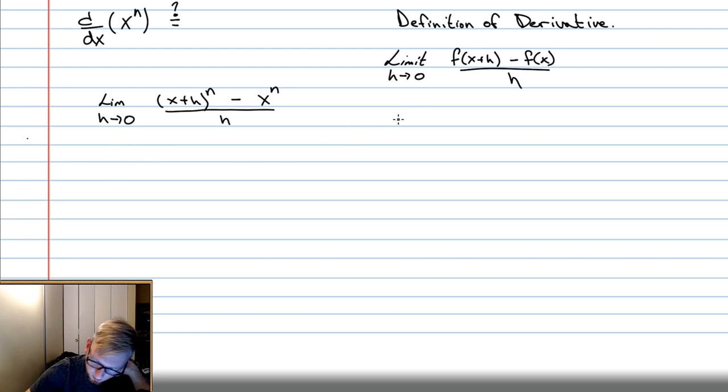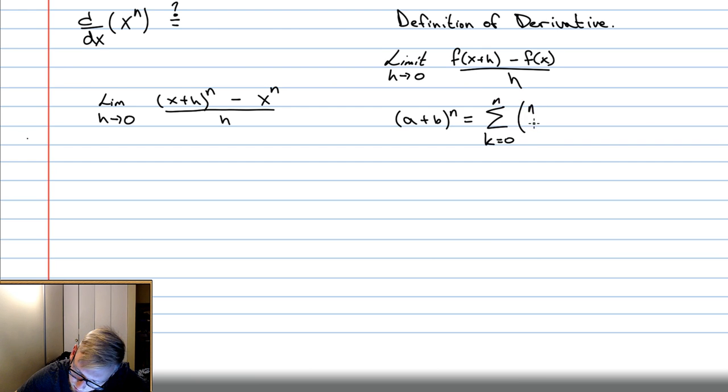Okay. A plus b to the power of n is actually equal to a sum from k starting at 0 to n of n choose k of a to the n minus k and b to the k, which is the binomial theorem.